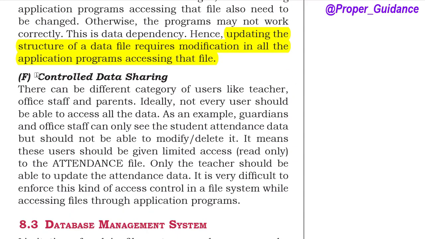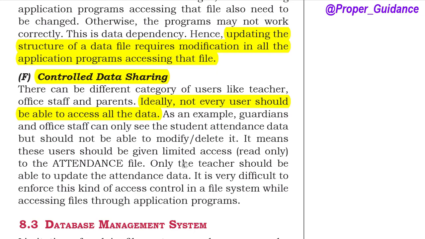Next and last one, controlled data sharing. There can be different categories of users like teacher, office staff and parents. Ideally, not every user should be able to access all the data. As an example, guardians and office staff can only see the student attendance data but should not be able to modify or delete it.